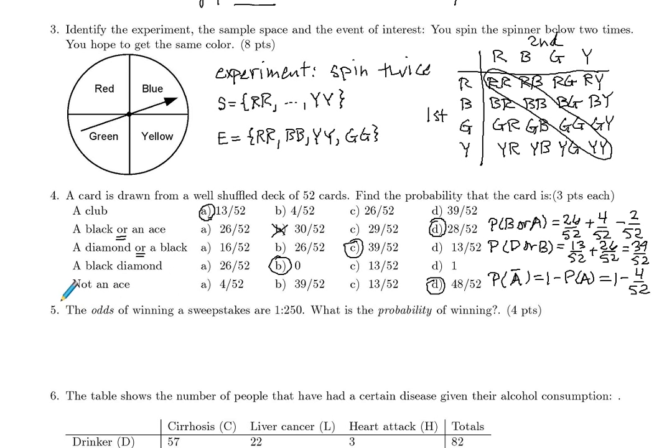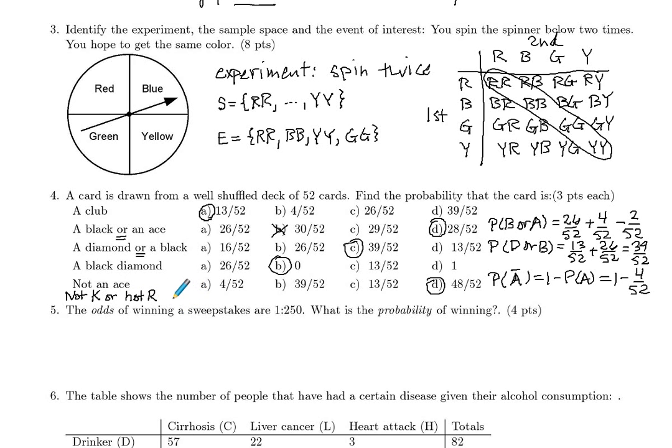Let me do one more example here, just to illustrate one that's got a complement in it and also an or. Well, this one had just a complement, and these had ors. So what if I said, what's the probability that it's not a king or not red?